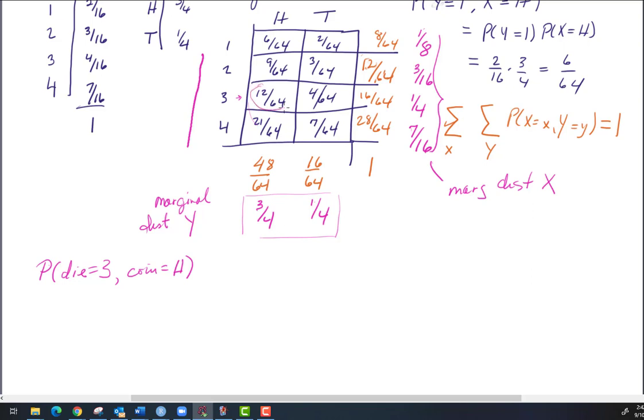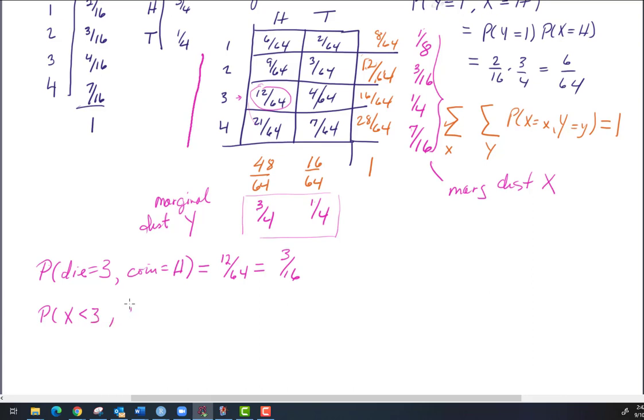This intersection is the probability that the die equals 3 and the coin equals heads, 12 over 64, and that would reduce to 3 over 16.